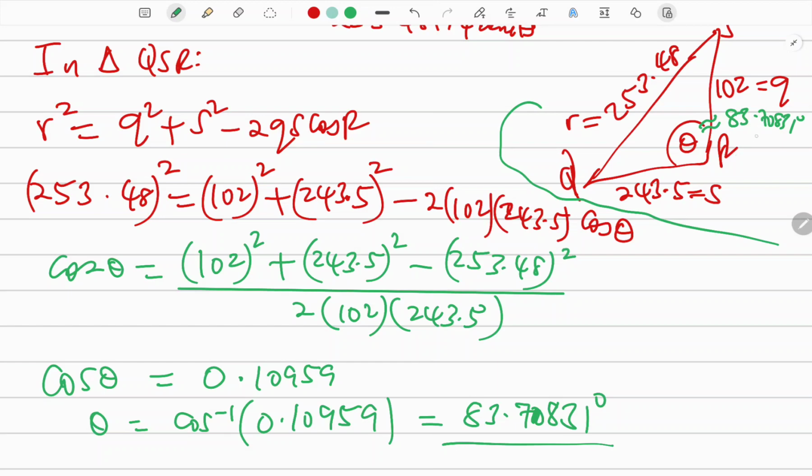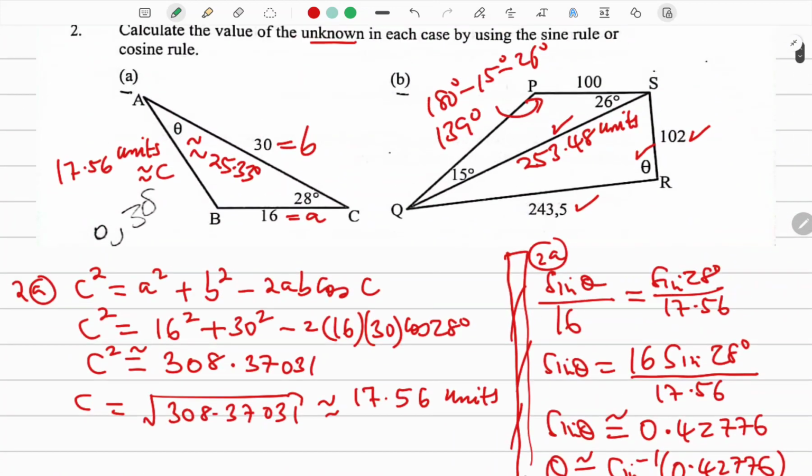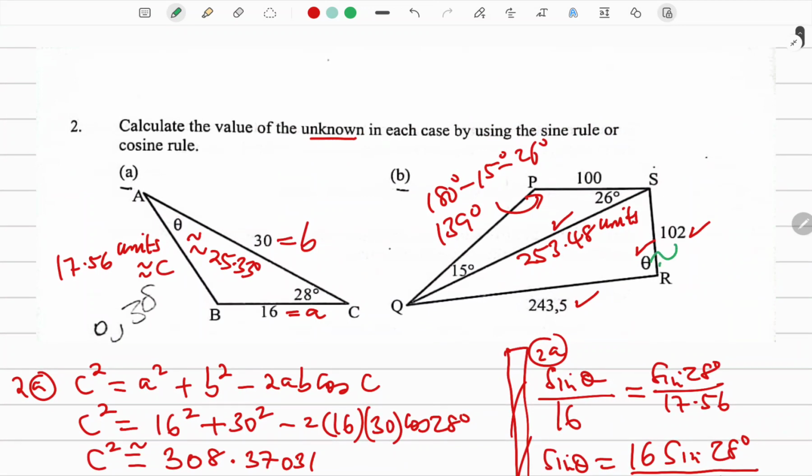That is the unknown there. And we can even say, Mr. Examiner, this angle you asked us to find, we have just got, and it is 83.70831 degrees, and that is the answer. So we got the angle theta here, we got the angle theta there. Thanks everybody, goodbye to you.